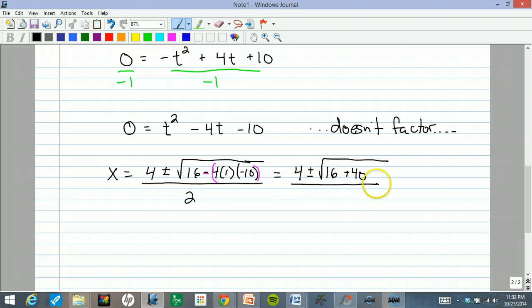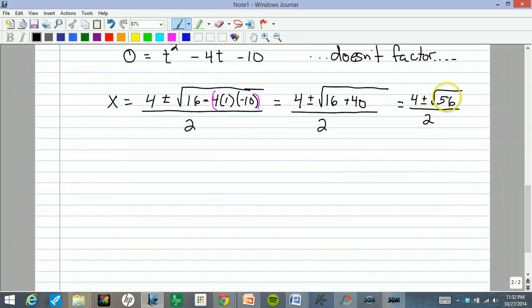Here's why I didn't factor, because this is not a pretty number, but that's okay. So we have 4 plus and minus the square root of 56 all divided by 2. And is this divisible by 4?